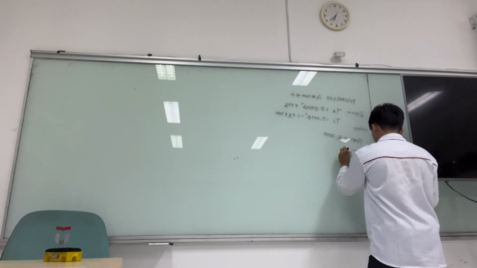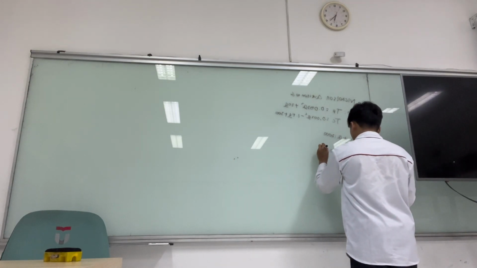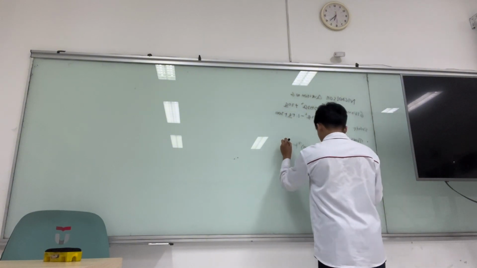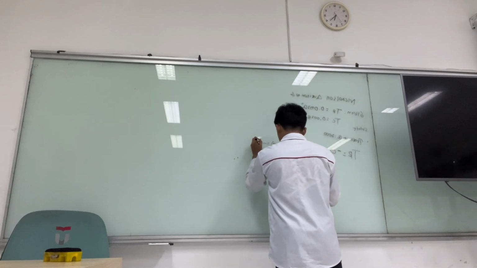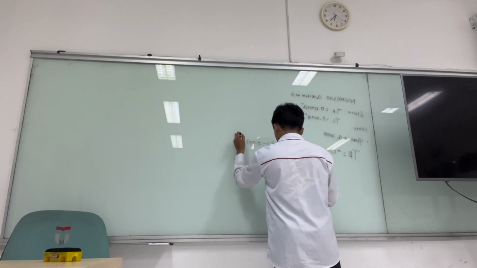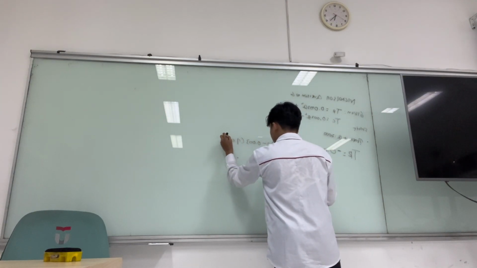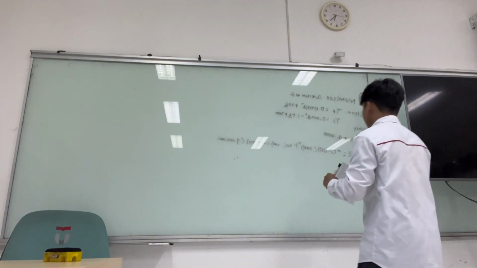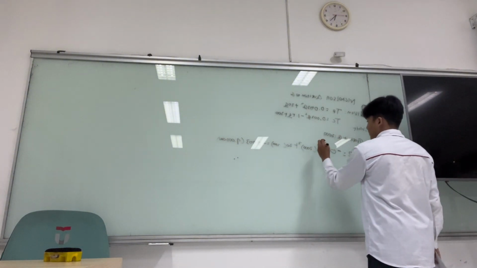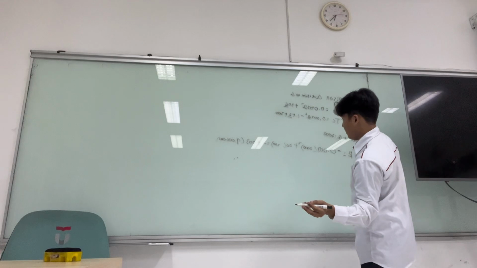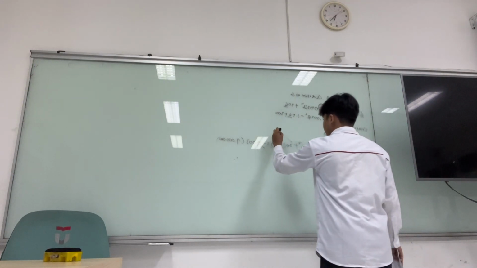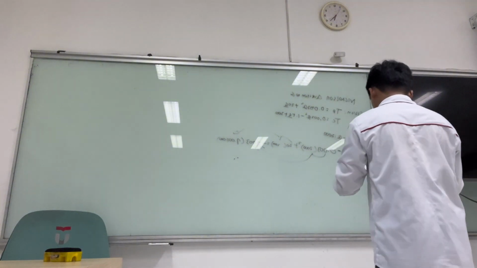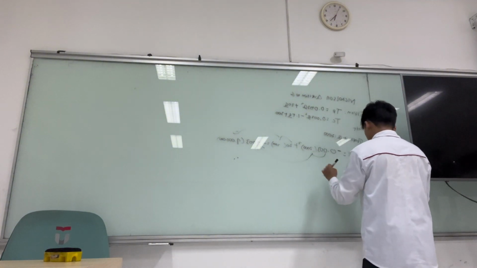We also have to simplify this. Square plus 20 equals minus 0.003. This is the equation, from this it becomes this, and then this becomes this.